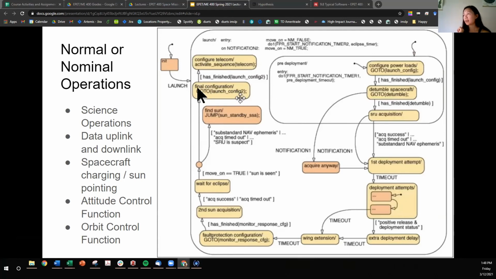The arrow that goes to the next state is a state transition condition where if during this mode you have finished the launch configuration, then you move on to configure the telecommunication system and activate the sequence of telecommunications.